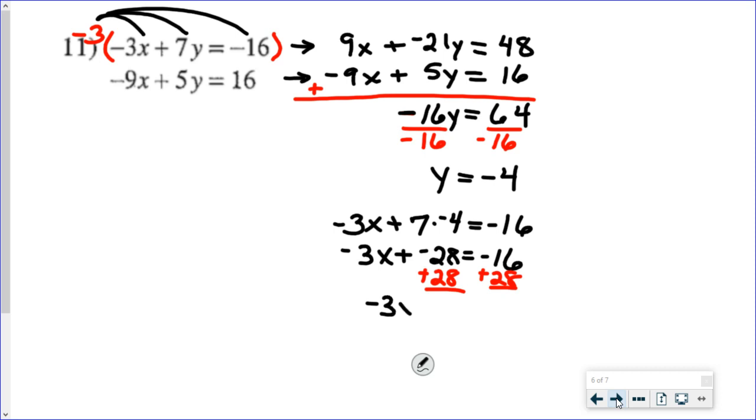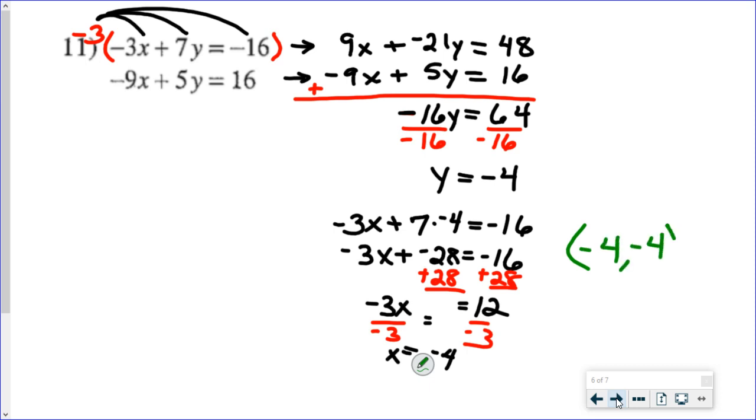So I still have that negative 3x. Negative 16 plus 28 is 12. And I'm going to divide as my last step. There we go. Remember, this is my equals. x equals negative 4. So when I write my ordered pair, my x goes first and my y goes second.